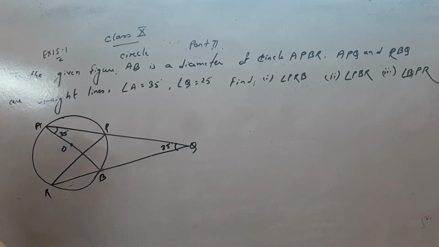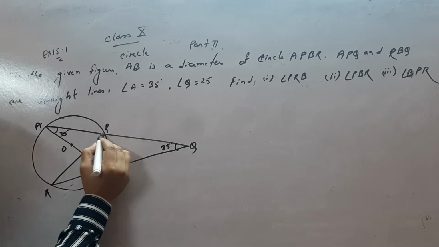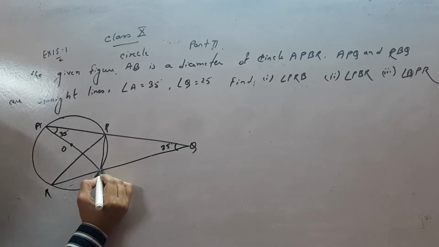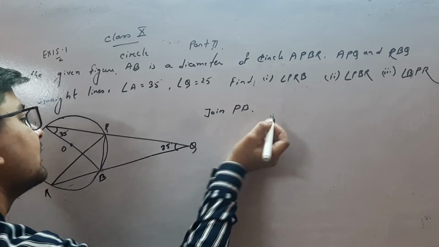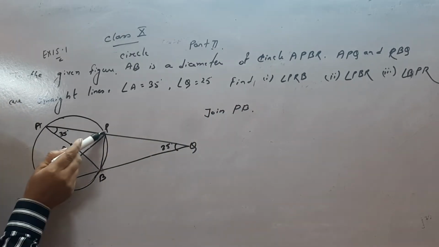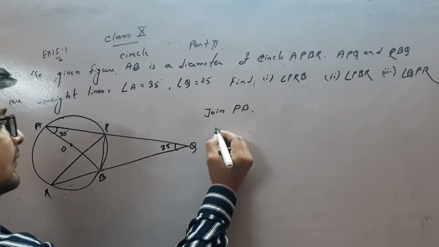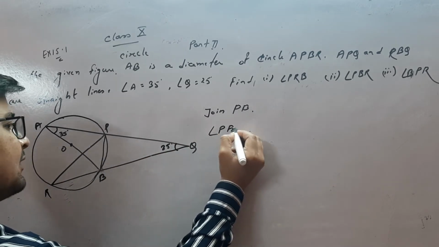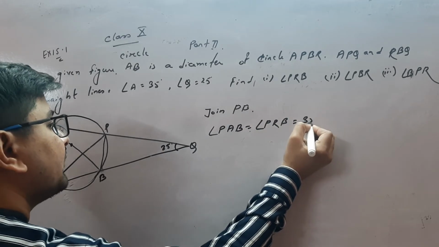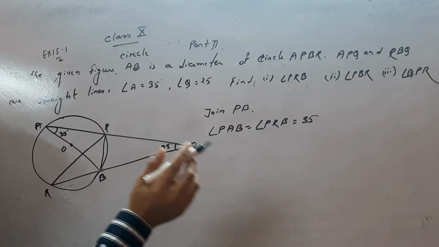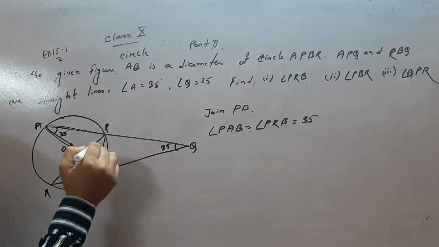So the first one, this one is 35, this one is also 35. First, join PB. So see, angle PAB and angle PRB are the same, that means 35. Angle PAB, angle PRB equals 35. Reason: angle in the same segment, see, an M shape is created here with the same base PB.